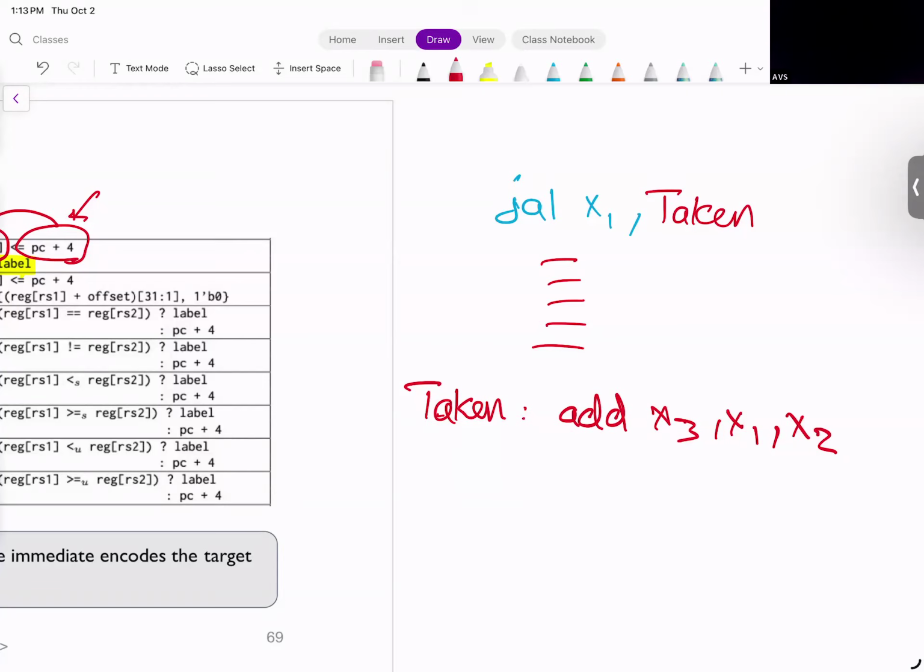When you write it this way in assembly language, the compiler will understand that what you mean by JAL x1 taken is go to this instruction. It finds the label taken and goes to that instruction. So the compiler gives you this capability.